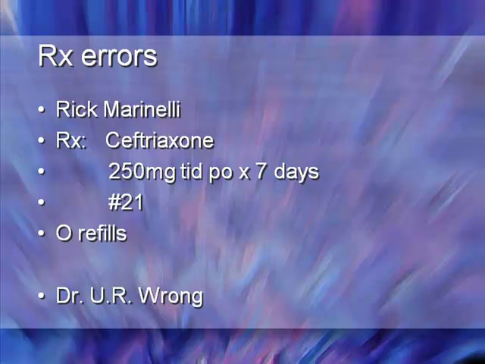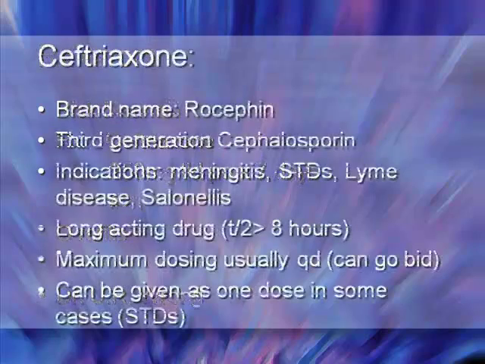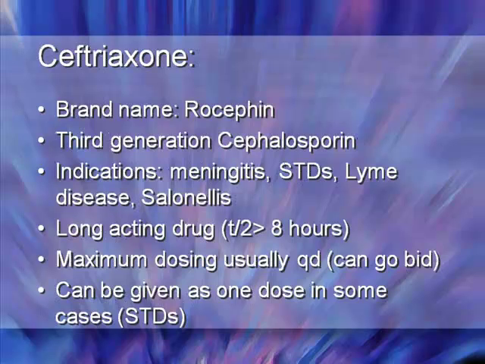We're going to talk about precisely what's wrong with that, but we're going to kind of review ceftriaxone. Has anybody had any experience with that drug? Anybody? You have? Okay. Brand name is Rocephin. This is a 3rd-generation cephalosporin. The cephalosporins have 4 generations.